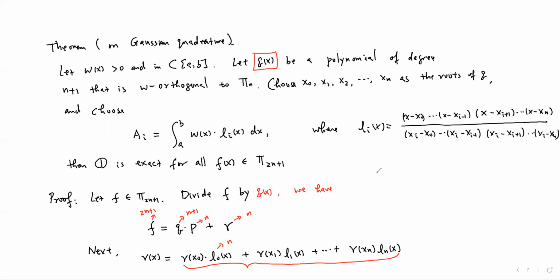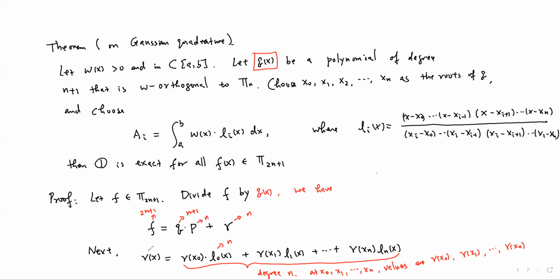The right side is a polynomial of degree at most n and interpolates R at these nodes.